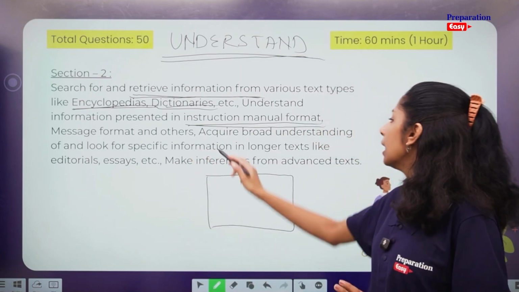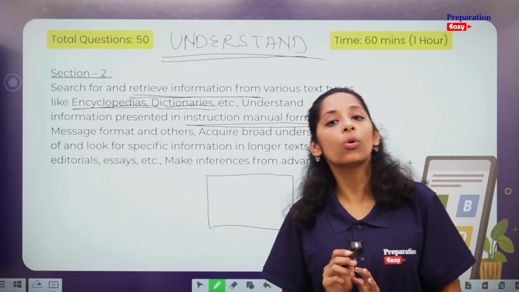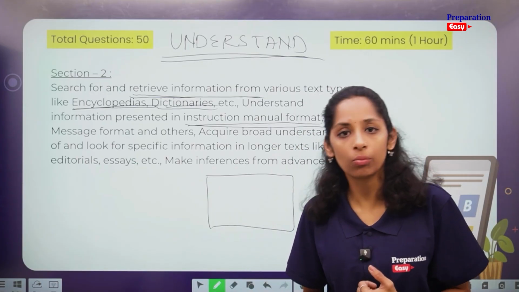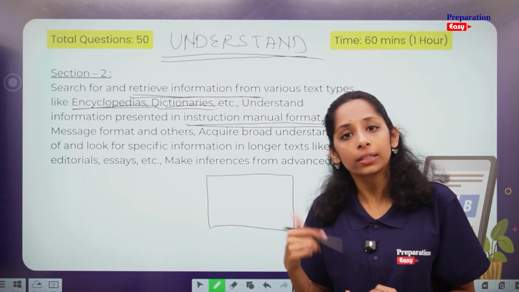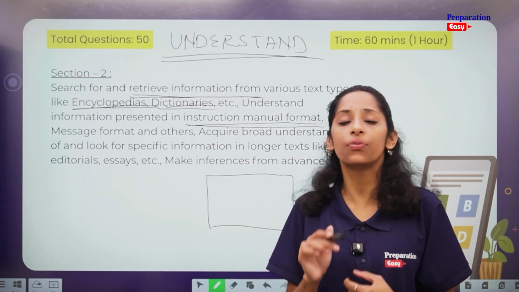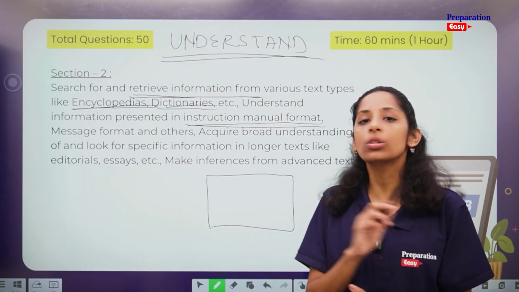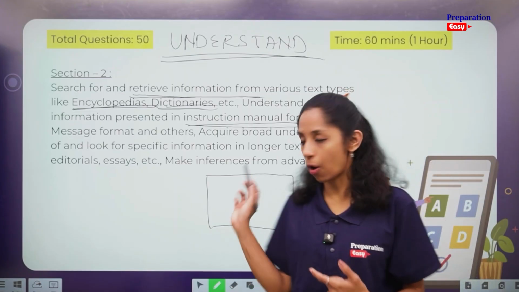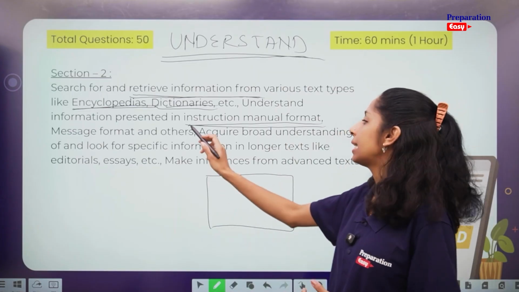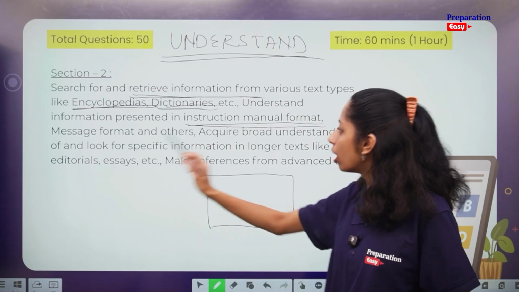So if the instructional manual format is mentioned in your syllabus, you are going to read the instructional manuals and practice on them. You are going to find out the difficult and new words from the instructional manuals, and how the sentences are built in this format. So we are going to understand the instructional manual for section 2, then messages format and others.